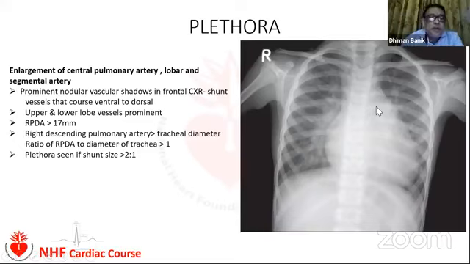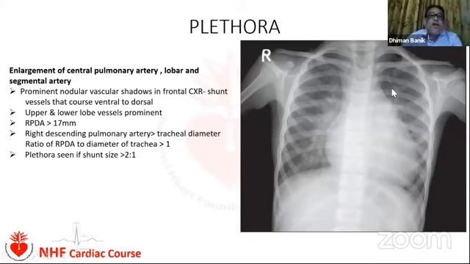Normally, pulmonary flow is more in the lower part than in the upper part. It is a 5:1 ratio. As pulmonary hypertension develops, the ratio comes to 3:1 or 4:1, and the upper lobe vessels are more dilated.